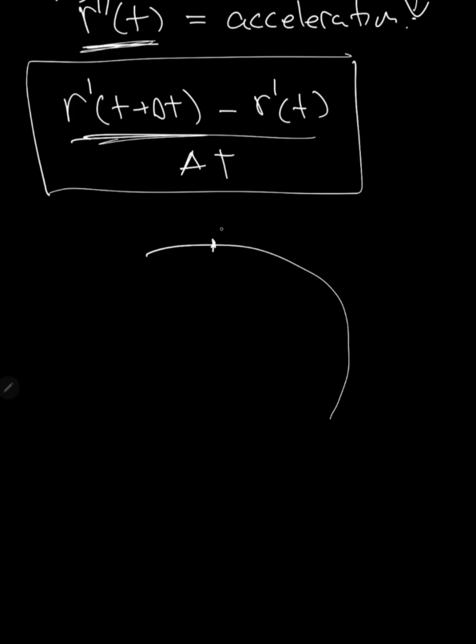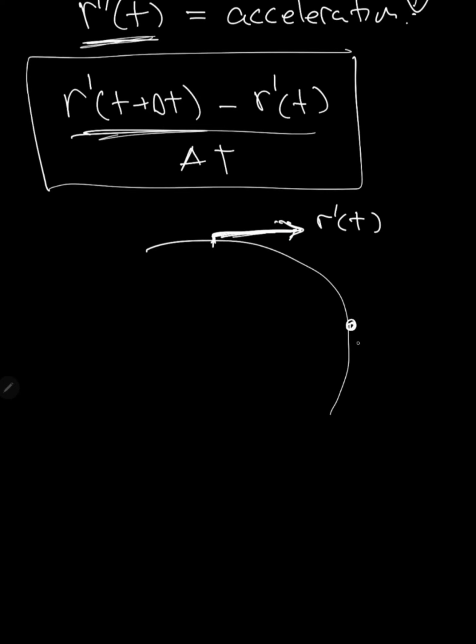Let's say r of t is here, then r prime of t is this arrow right there. Again, it has to be tangent to the curve. Let's say r of t plus delta t lives right there, and so this would be r prime of t plus delta t.